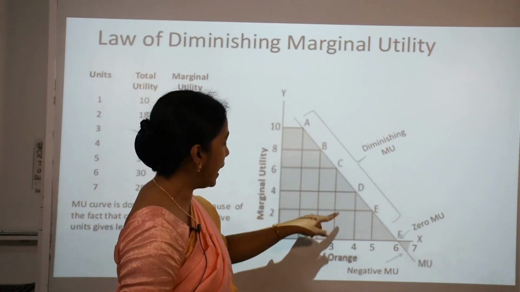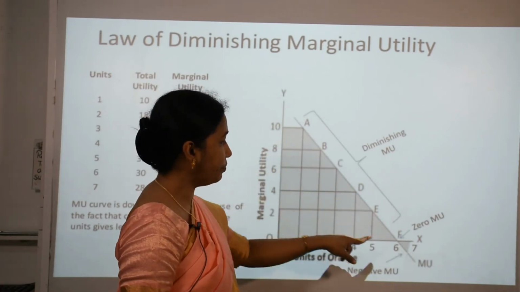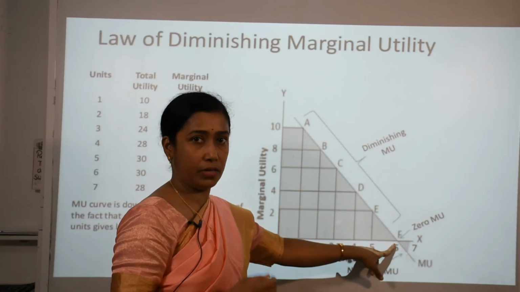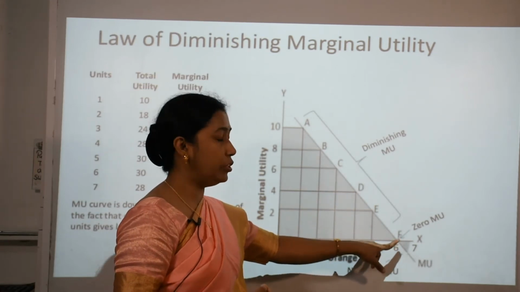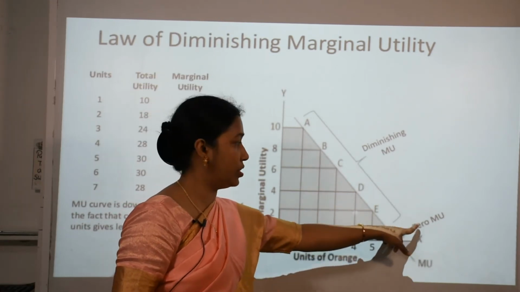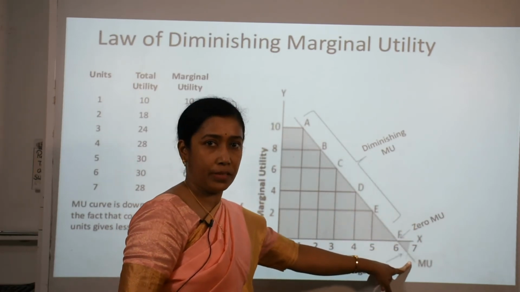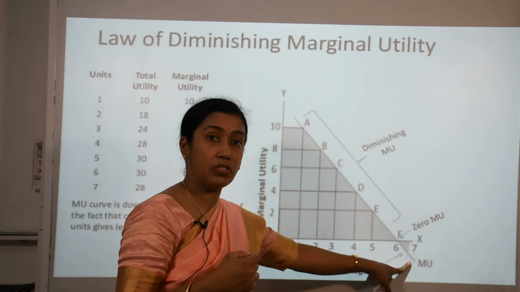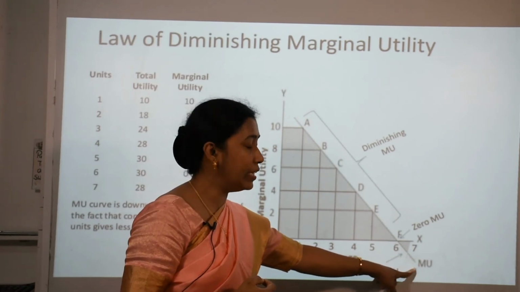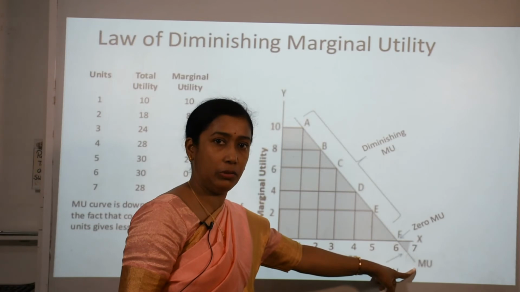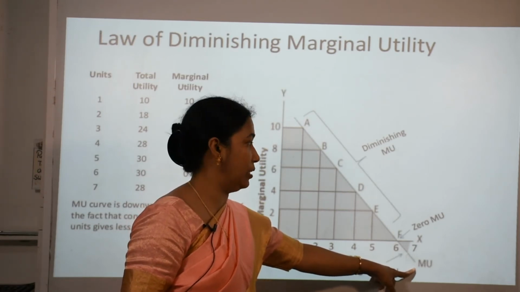As we combine all the points, at the 6th unit of orange the utility we get is 0, zero marginal utility. After that, if he keeps on consuming the 7th orange, the utility will convert to disutility, that is negative marginal utility.